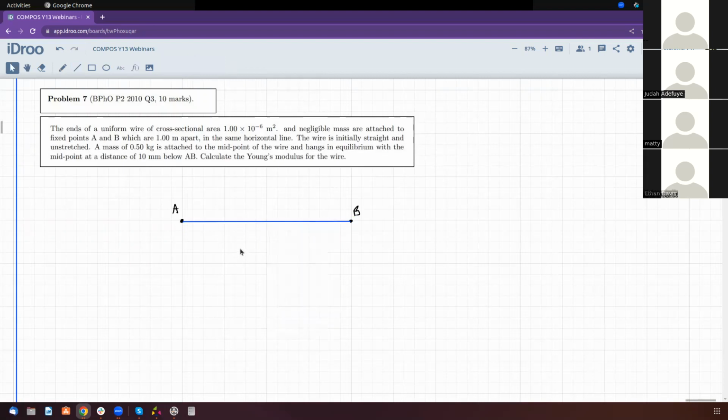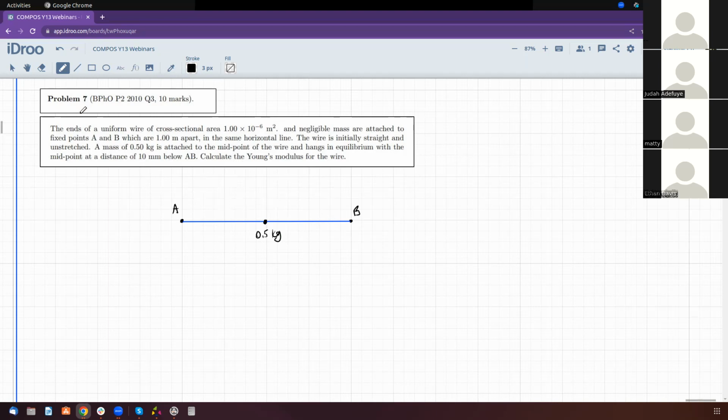A mass of 0.5 kilograms is attached to the midpoint of the wire. Hanging when the midpoint is at a distance 10 millimeters below the line AB. Calculate the Young's modulus for the wire.